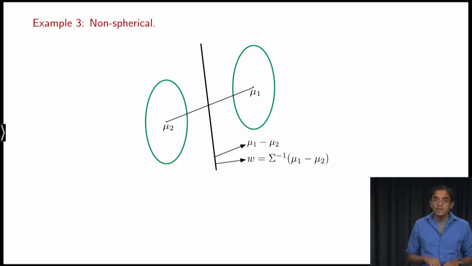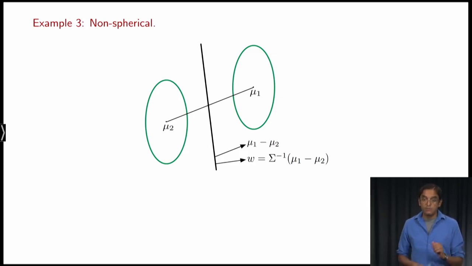Okay. Now, what if the two classes have the same covariance matrix, but they're not spherical? So that's what we see in this picture here. Because the covariance matrices are the same, the boundary is again linear, but now it's not the perpendicular bisector any longer. It's slightly skewed to accommodate the different shape. Okay?